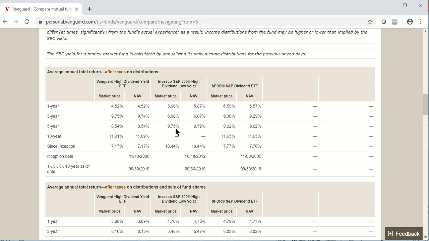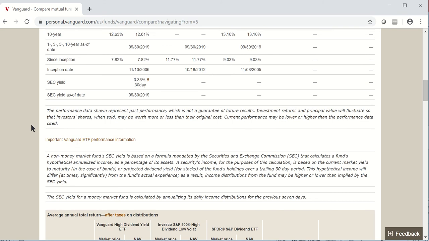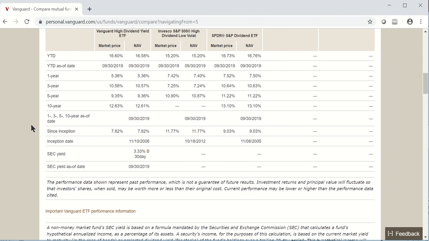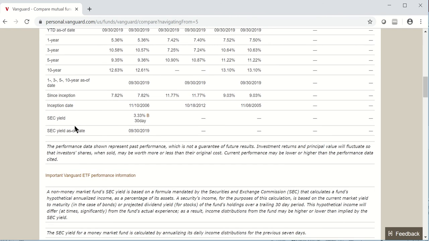Invesco actually came later to the market, so they have a 5-year figure available. As you can see, they're kind of close in terms of total market return. And let me see, somewhere there should be yield information. I saw that earlier, or I'll show you in the next slide. Here we only have Vanguard's one, which is 3.3%, which is pretty good.